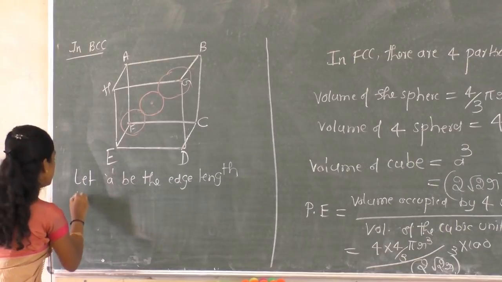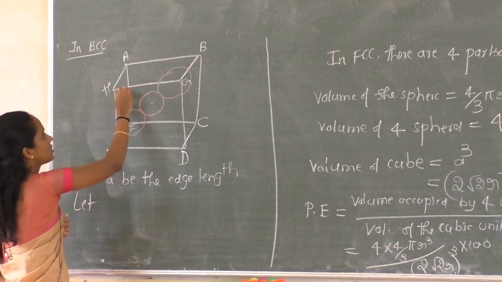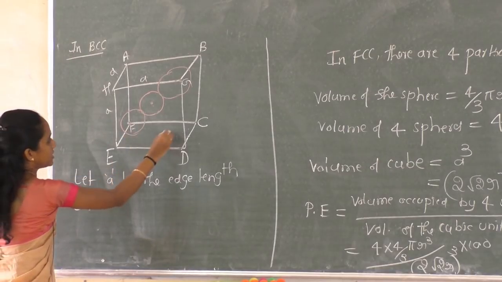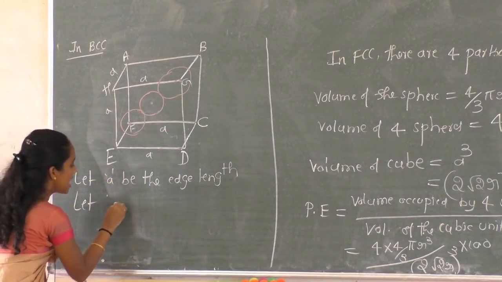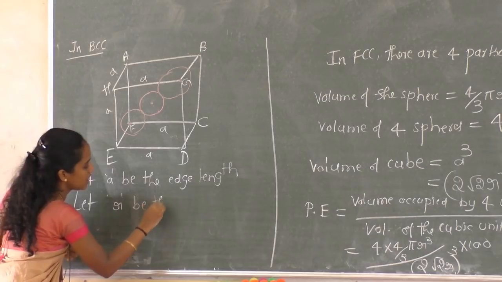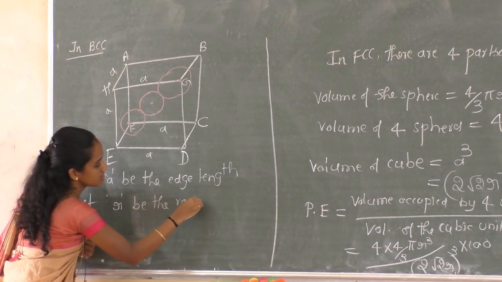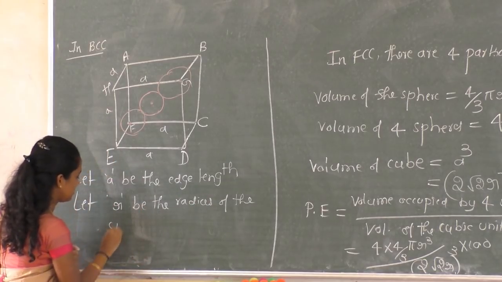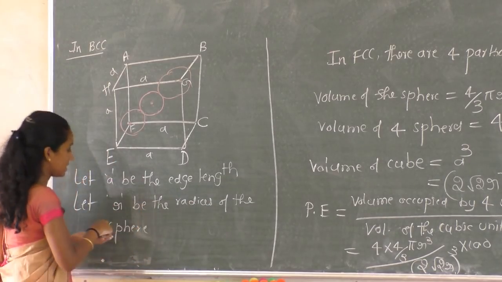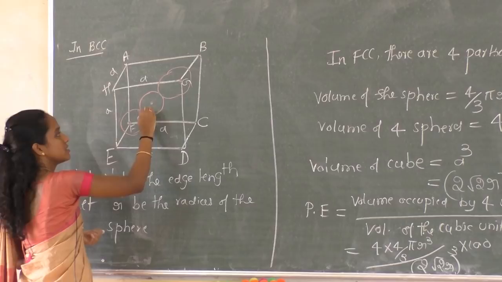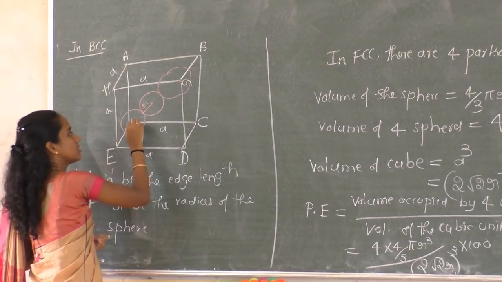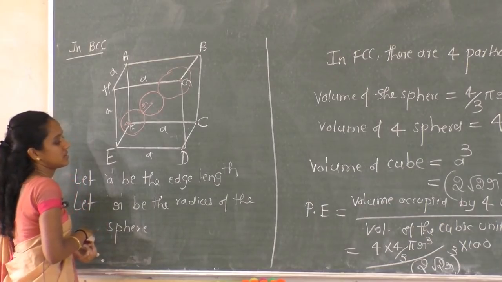So these are all the edges, its length is A. Let R, small letter R, be the radius of the sphere. See, this is R, and this is also R.